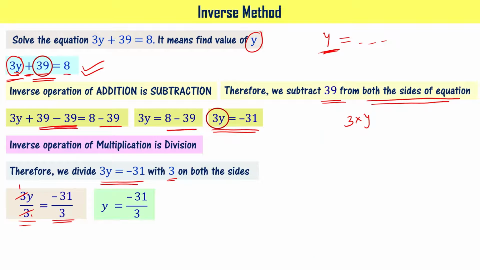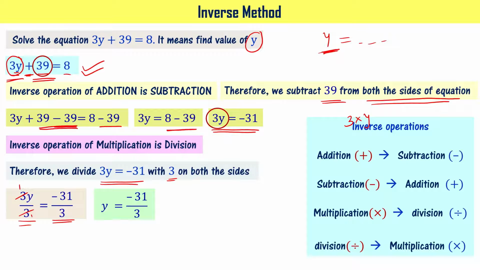Now, take a note of this. We know already inverse operations. If you have the addition operation, then the inverse operation is going to be subtraction. That's what we have done when we dealt with the number 39, right here. If you have subtraction as the operation, then the inverse operation is going to be addition.